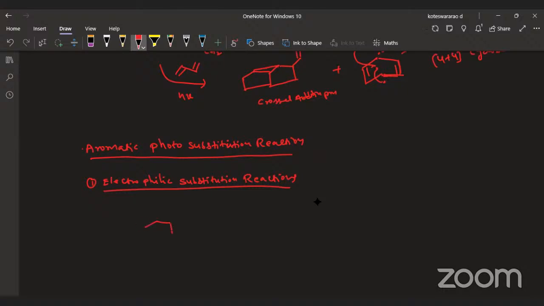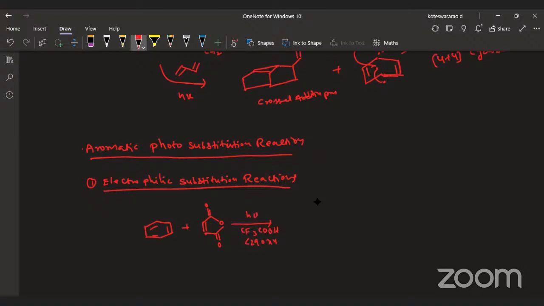For example, here in this case, the benzene is treated with maleic anhydride at the medium. In the previous case also, we saw this kind of reaction with maleic anhydride. But previously, we were conducting the direct irradiation at 254 nanometers. But in this case, the light source is less than 290 nanometers, and the solvent is trifluoroacetic acid.